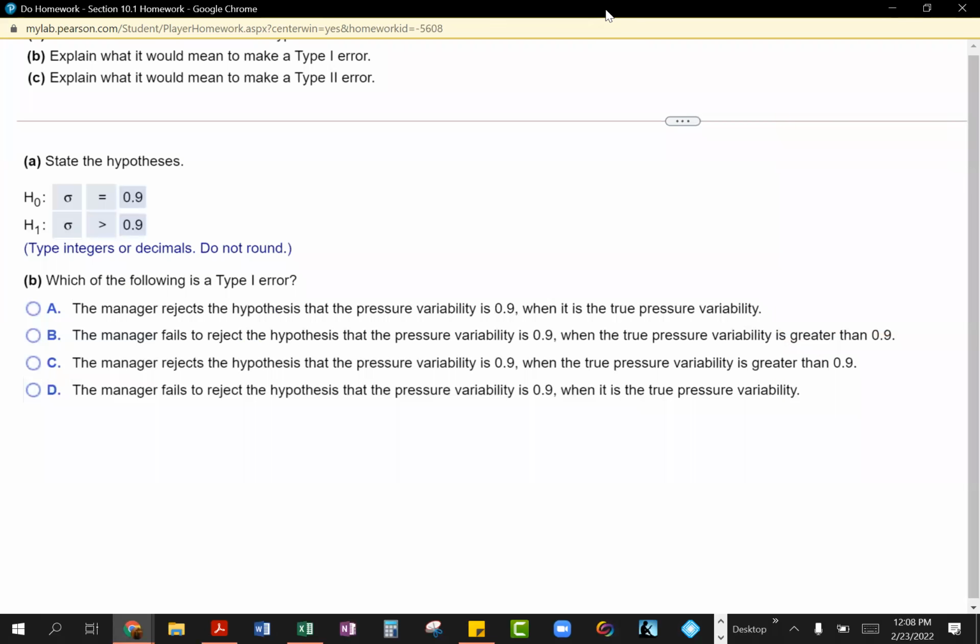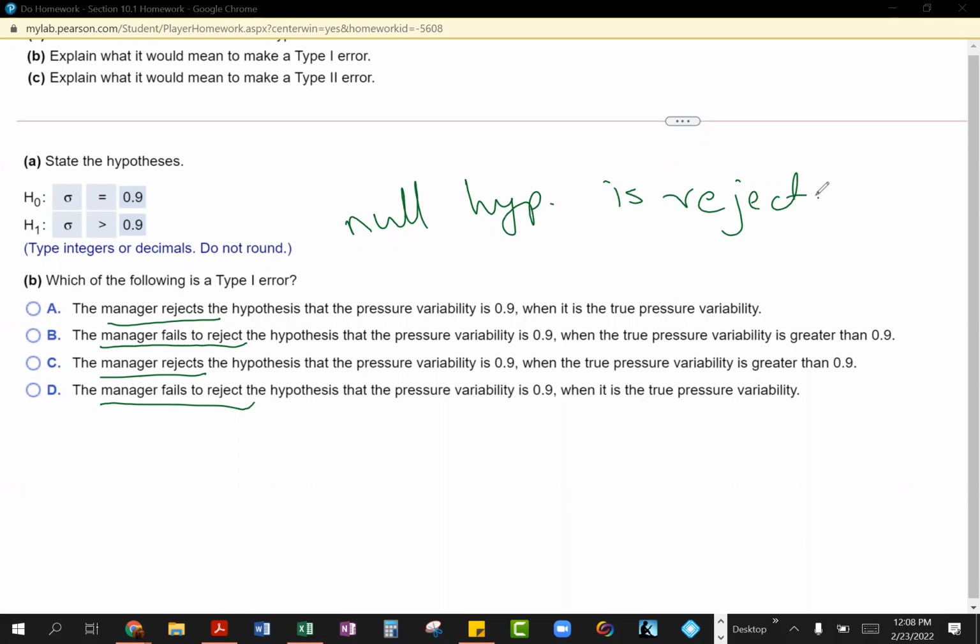Which option will you go with over here? You've got two options: the manager rejects, or the manager fails to reject. Remember, type 1 error happens when the null hypothesis is rejected when in fact it is true. So did the manager fail to reject or did the manager actually reject the null hypothesis?